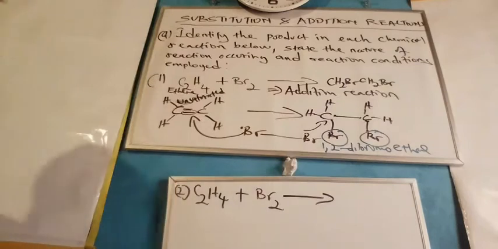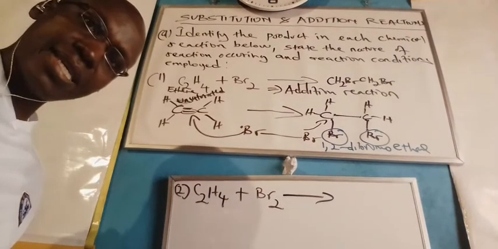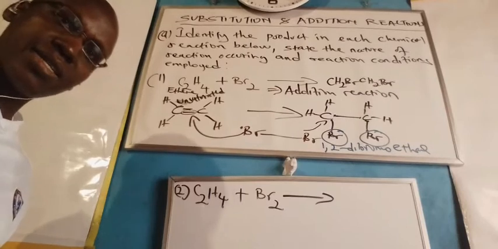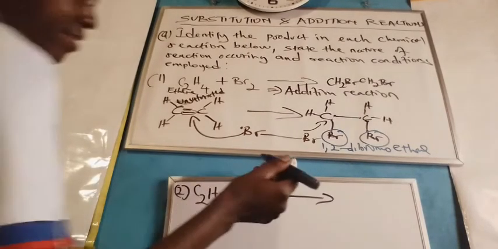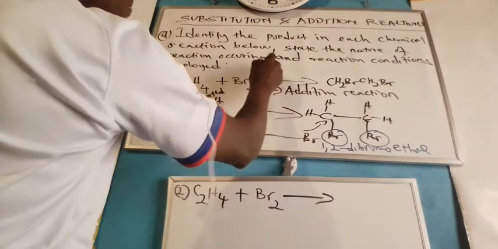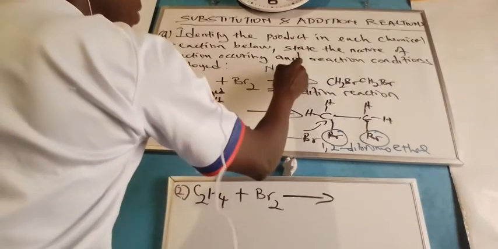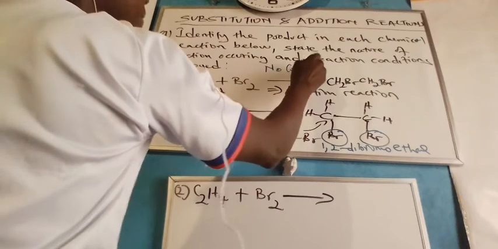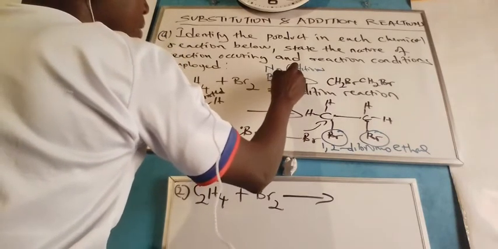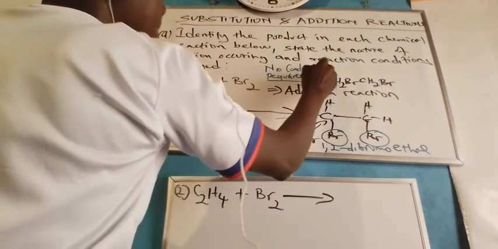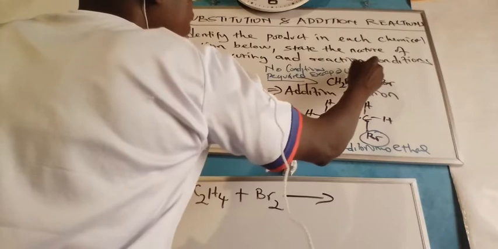It undergoes what? The addition reaction, simply because the reacting agent is unsaturated. In this case, no principal reaction conditions are required. No conditions required, except that of unsaturation.